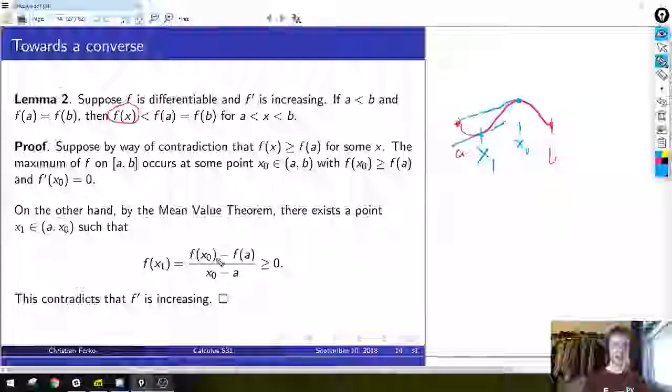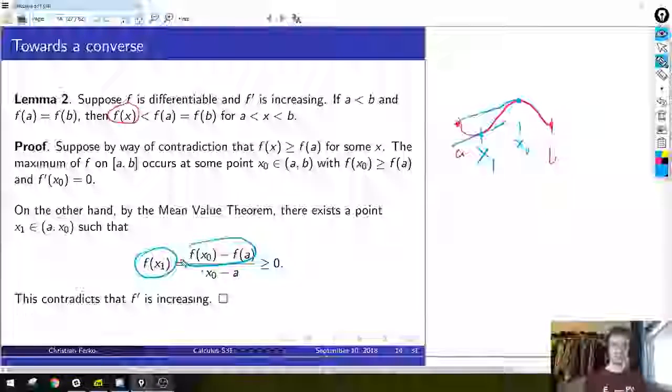Now we get the contradiction, because at x sub 1, this tangent line slope must be non-negative. It has to be greater than or equal to 0, because the tangent line slope is the same as the secant line slope, and the secant line slope must be non-negative. Why?